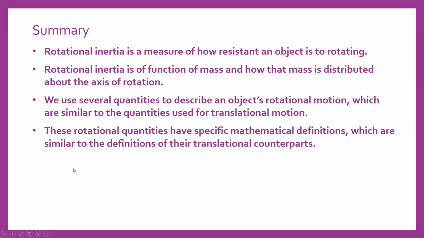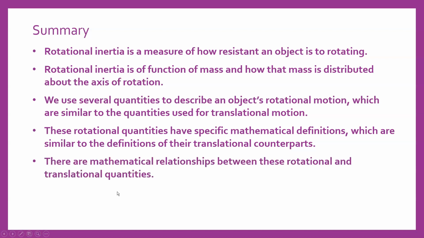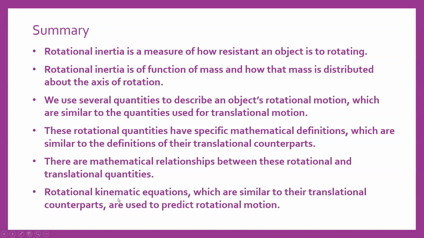These rotational quantities have specific mathematical definitions, which are also similar to the definitions of their translational counterparts. There are mathematical relationships between these rotational and translational quantities. We have rotational kinematic equations, which are very similar to their translational counterparts, and we can use these equations to predict rotational motion.